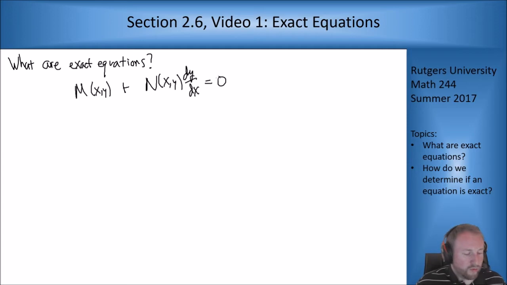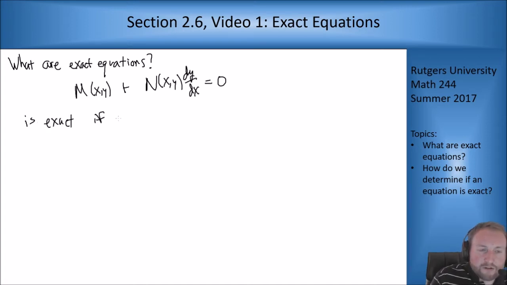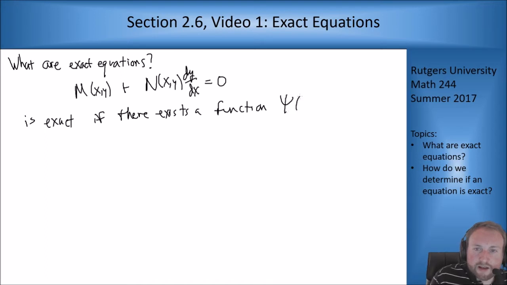Now, we say this equation is exact if there exists a function psi of x, y that meets three different conditions. So we're defining the word exact.